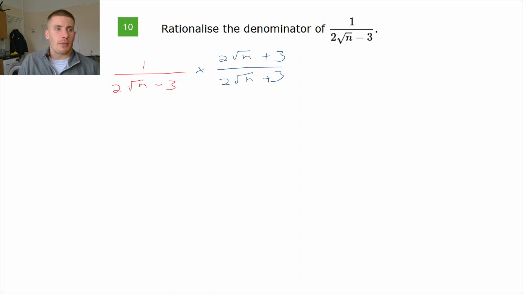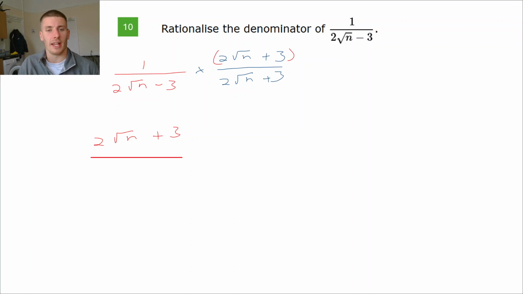So starting with the numerators, we're doing 1 times 2 root n plus 3. Well, 1 times 2 root n is just 2 root n, and 1 times plus 3 is plus 3. We are dividing that by the bottom part, again a difference of 2 squares.